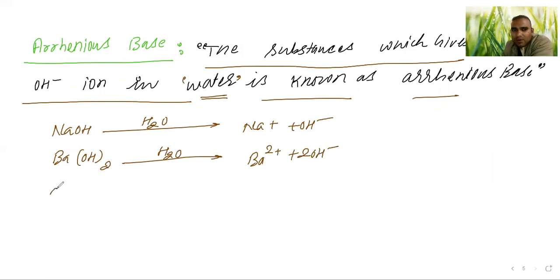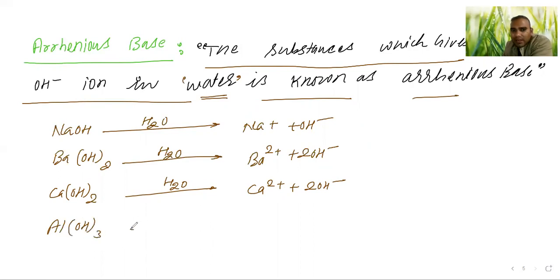Calcium hydroxide gives Ca2 plus and 2OH minus. Aluminum trihydroxide, Al(OH)3, dissolved in water gives Al3 plus and 3OH minus.